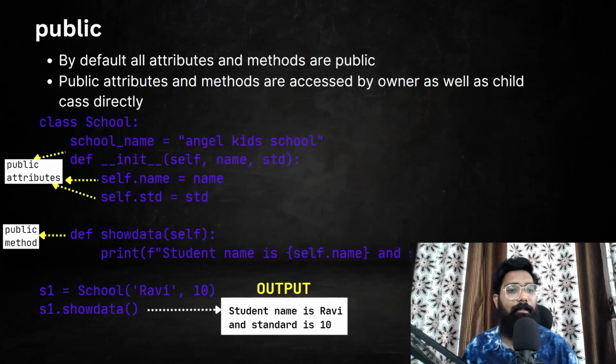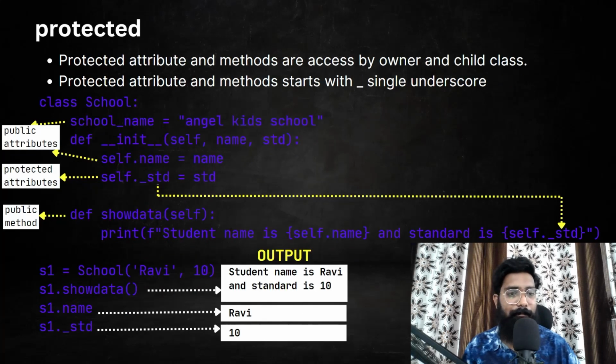Let's see the protected. Protected attributes and methods are accessed by the owner and child class. All the protected attributes and methods use a single underscore at the start. We are taking the same example School class, which has a school name, a public attribute.